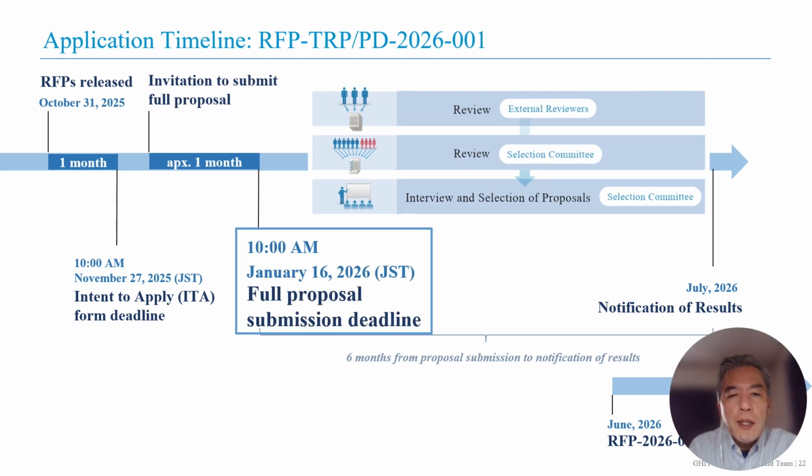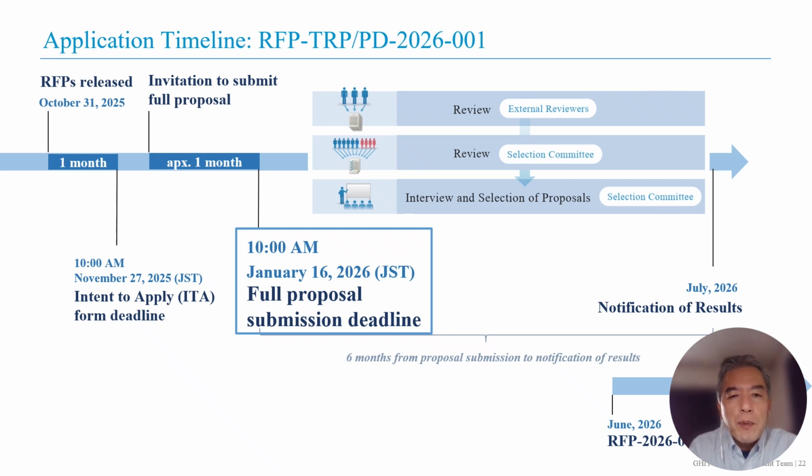Once your proposal is submitted by 10 a.m. Japan Standard Time on January 16, 2026, your proposal will be reviewed by external experts, not the GHIT management team. Each proposal is evaluated by at least 3 external reviewers, and selected proposals will proceed to the selection committee review.